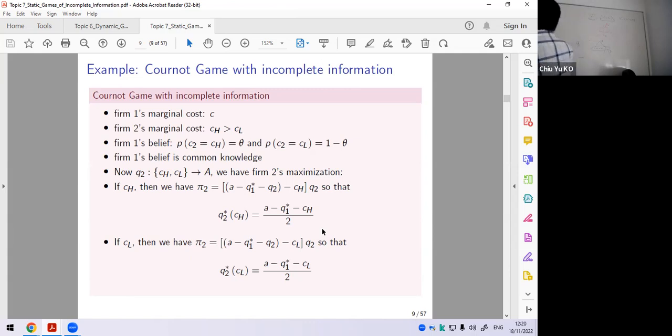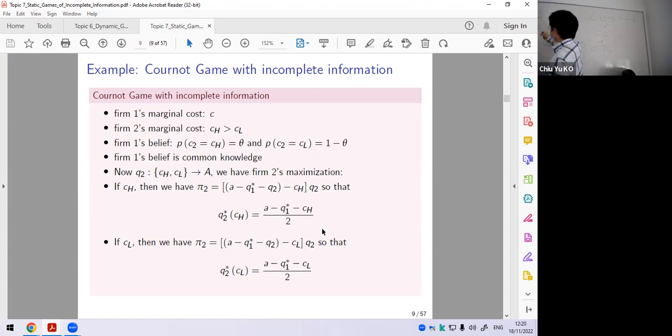What is being drawn here is the best response for firm 2, low and high.